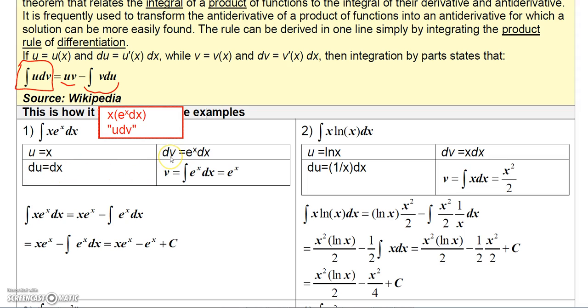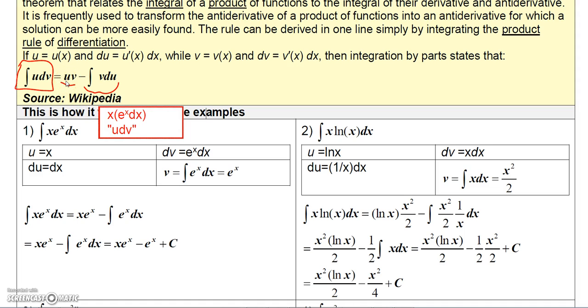And since dv is e to the x dx, I can just integrate both sides of this. When I integrate dv, I get v, and when you integrate e to the x dx, you'll just get e to the x. I know it's really e to the x plus a constant, but we'll bring the constant in at the end.